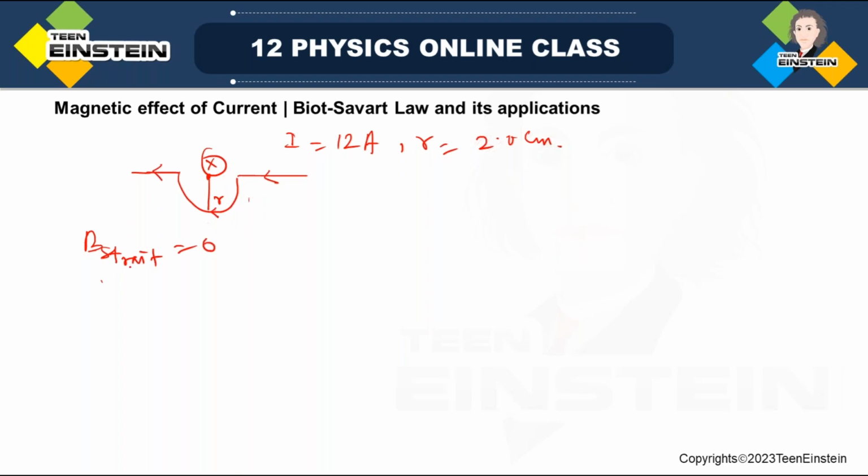Now the magnetic field due to the straight path, we have seen that part is 0. As you know, the dl and r vector will have 0 or pi angle.